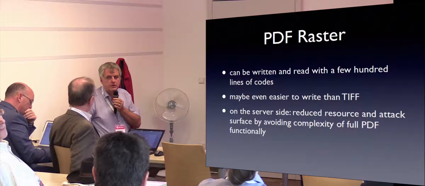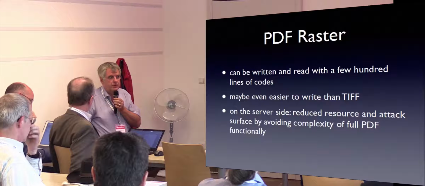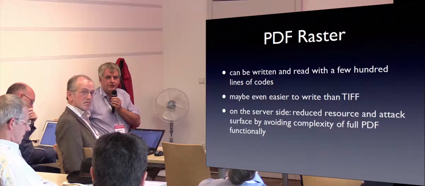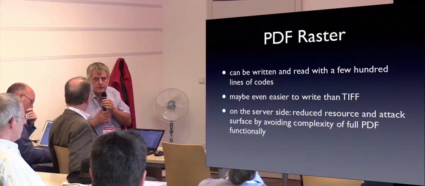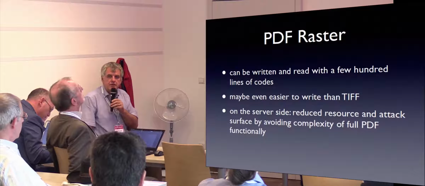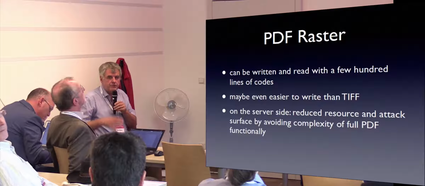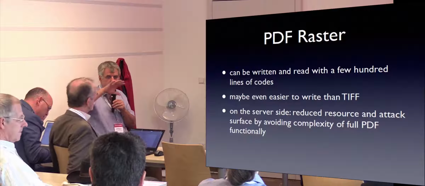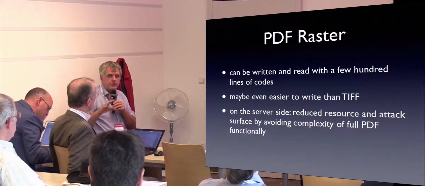We have been doing this forever, the effective resolution, so I would insist that it just works. I think the resolution is covered if you combine all the rules that are written down in PDF Raster.